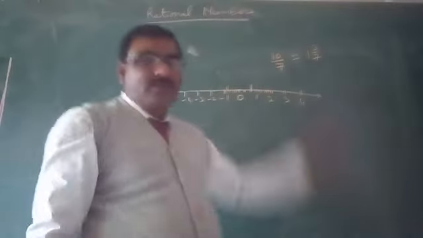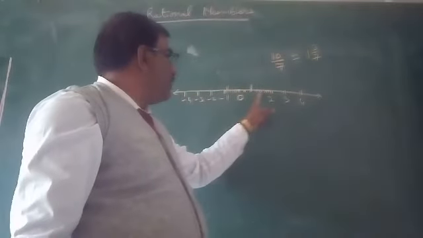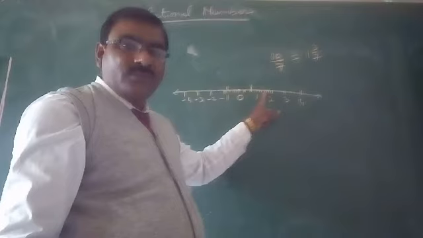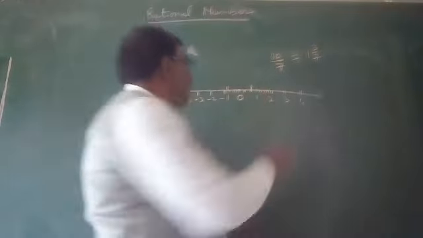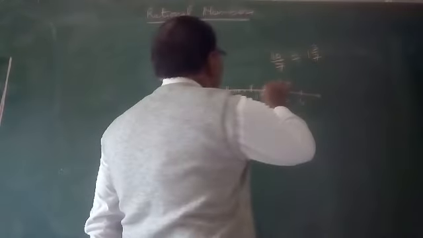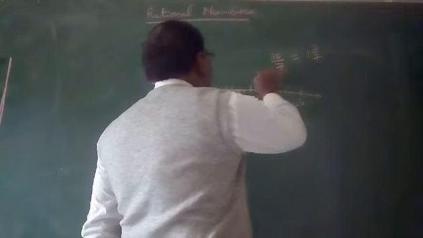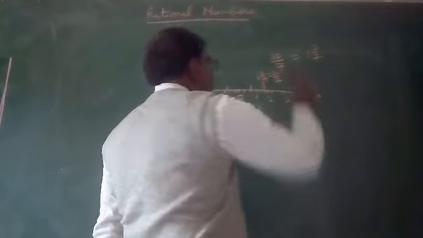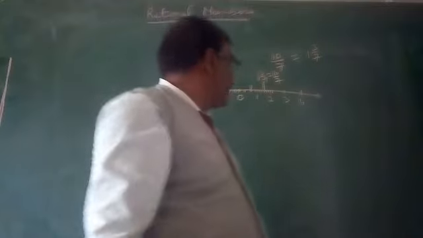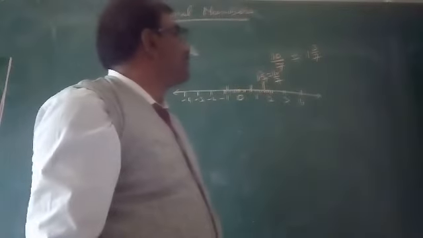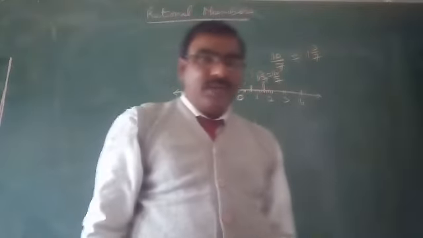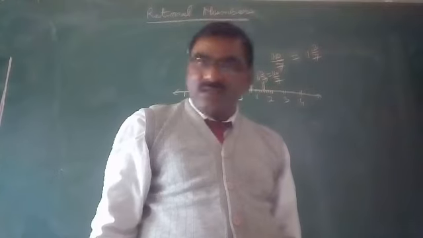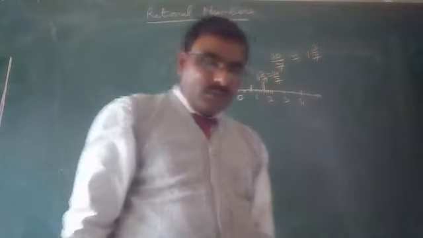Where is 1 and 3 by 7? Then 1, 2, 3. Here is the third part. Therefore, here will be 1 whole 3 by 7, or you can say 10 by 7. This is the method for representing a rational number on the number line.